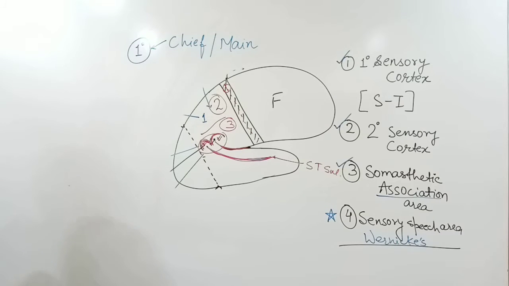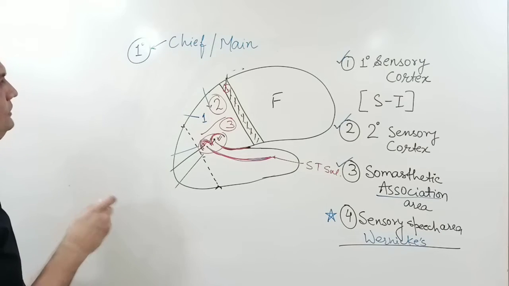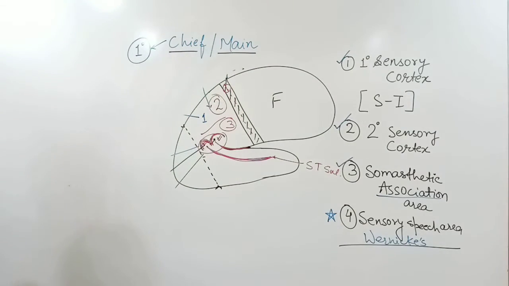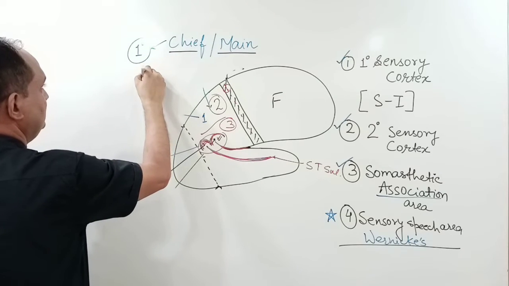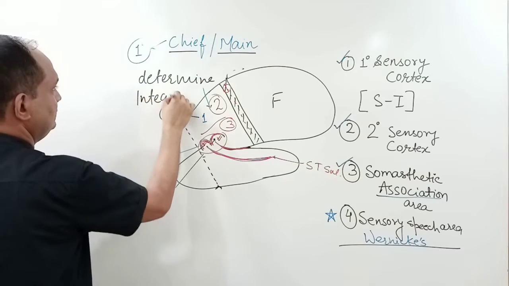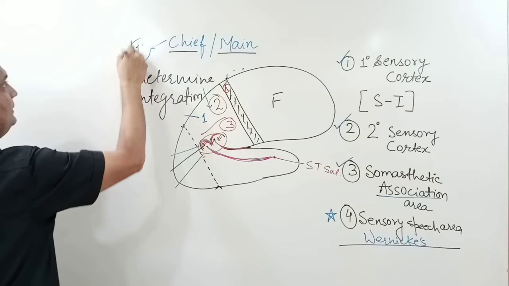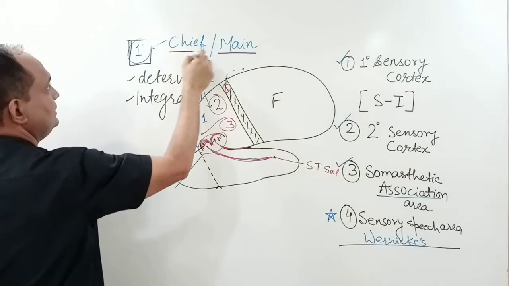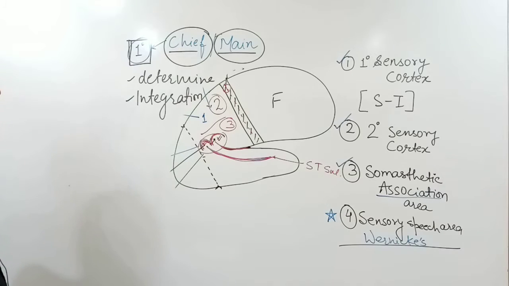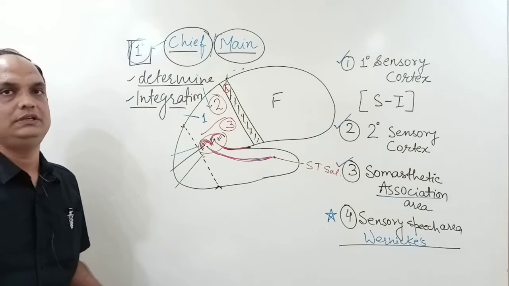As we know, the thalamus projects to the cerebral cortex through thalamocortical fibers, and the area of the brain which receives the chief or main input is also responsible for the determination and integration of those sensory inputs. So the primary area receives all the chief or principal input coming from the thalamus, and in that area we have the determination and integration of those chief sensations.